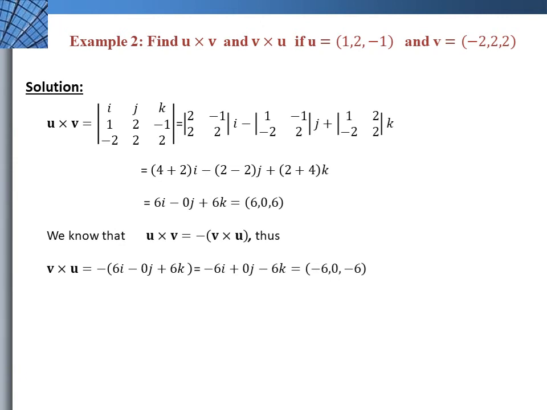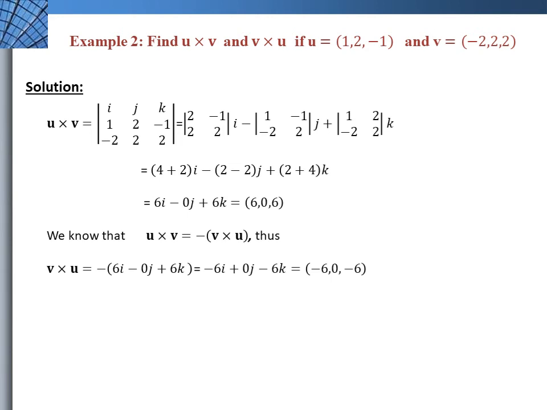Same like example 2: U cross V and V cross U if U equals 1, 2, minus 1 and V equals minus 2, 2, 2. So what is your U cross V? We know the determinant: the first row is i, j, k, second row is 1, 2, minus 1, third row is minus 2, 2, 2. Expand this determinant first, then we know how to expand this 2 by 2 determinant.